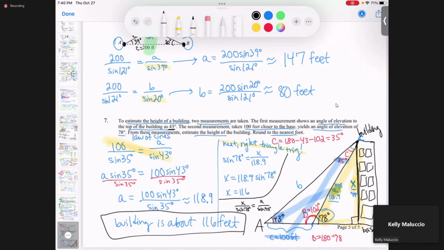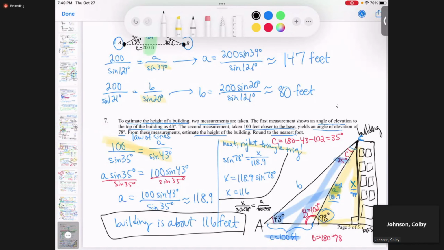So yes, you can use the law of sines to answer your question, Colby. However, it would be a bit silly because this just turns into 1, and you're basically doing right triangle trig.